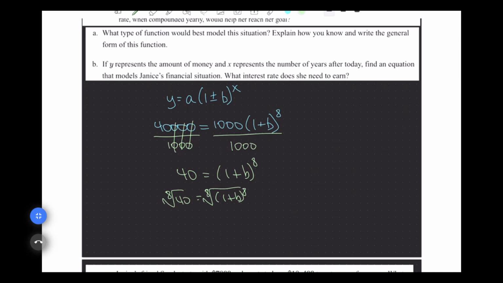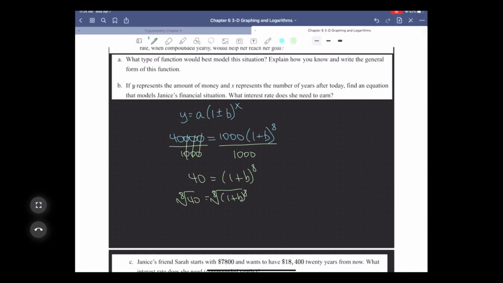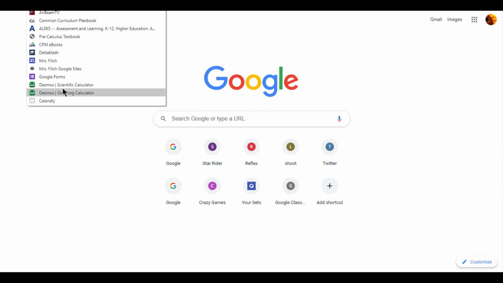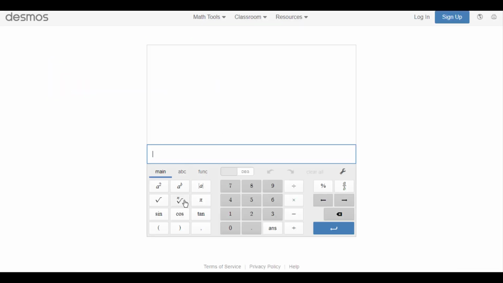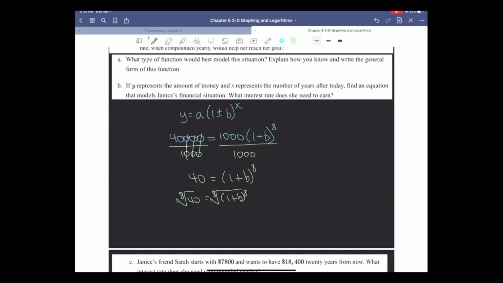Anybody want to jump in here? Let's jump on decimals real quick. We need the 8th root of 40. So how about 1.59? You guys good with 1.59? So this would be 1.59.